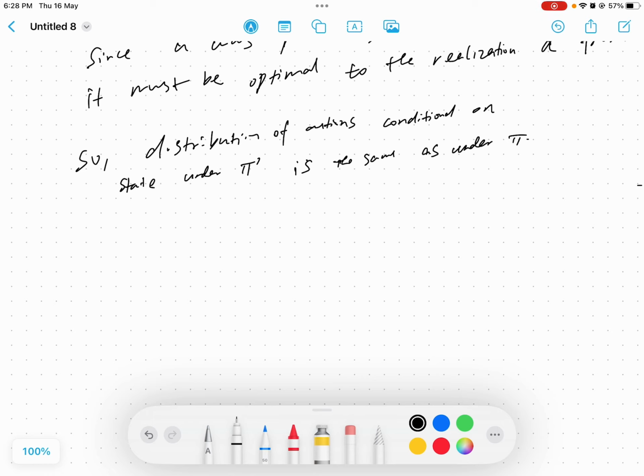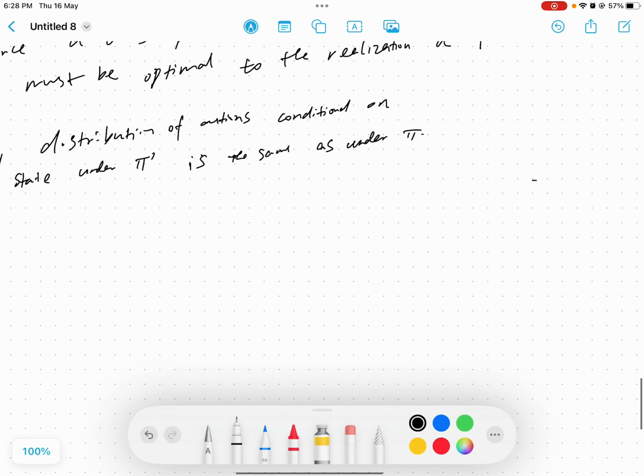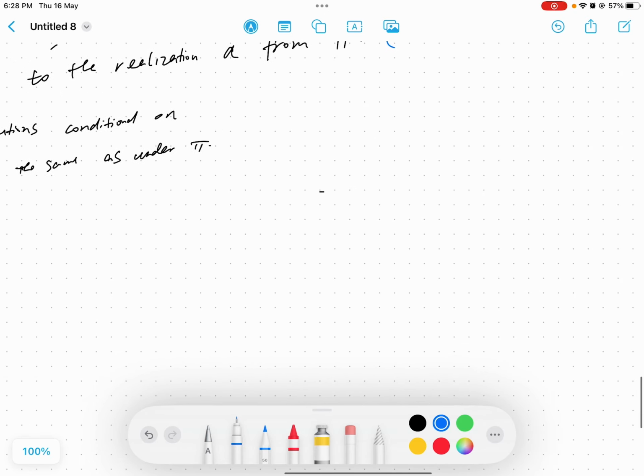So this means that pi and pi prime now induce the same distribution over the actions, right? Let me comment here. So the intuition is that pi and pi prime induce the same distribution over the actions, okay?